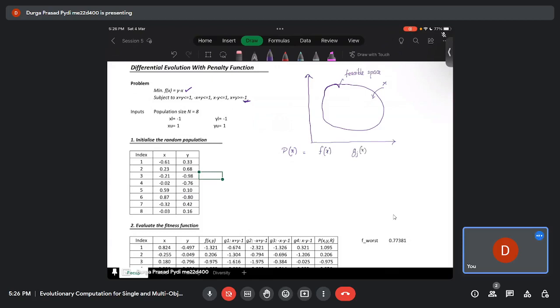Let's stick to our original formulation: minimize f of x subject to the constraints gj less than or equal to 0 and hk equal to 0, within some bounds, say x lower less than or equal to x less than or equal to x upper.